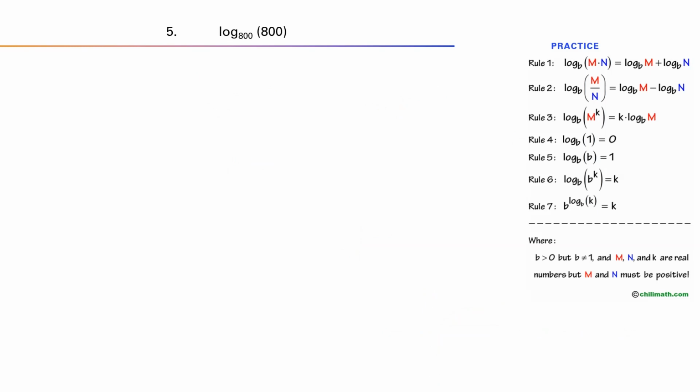Alright, now this one is log base 800 of 800. It is equal to 1. Any number raised to the power of 1 is itself. So a to the power of 1 is a, x to the power of 1 is x, right? So 800 raised to the power of 1 is 800.